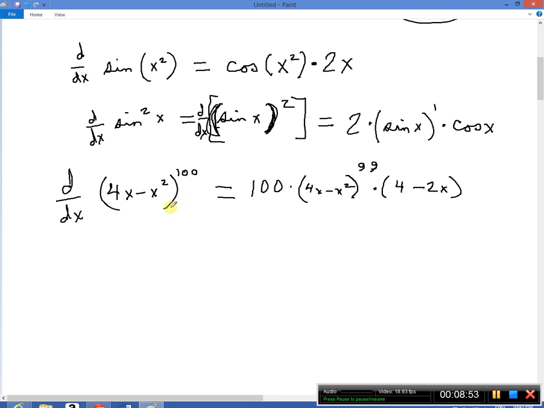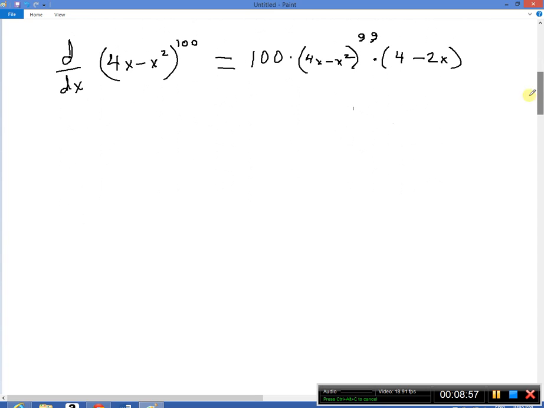Let's take a look at something quite a bit more nasty. What if we want the derivative of this expression? The square root of s squared plus 1, oops, sorry, it shouldn't be the derivative with respect to x, it's the derivative with respect to s, because now I've changed independent variables. s squared plus 1 over s squared plus 4.